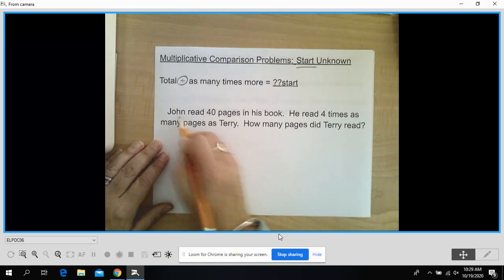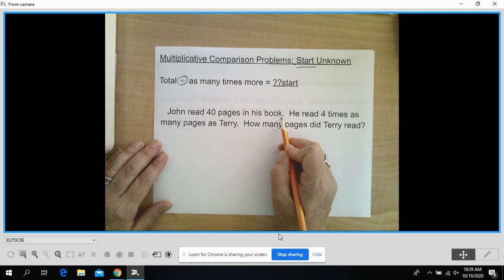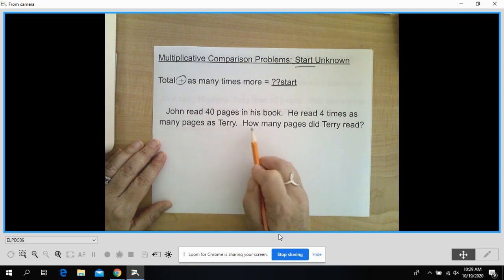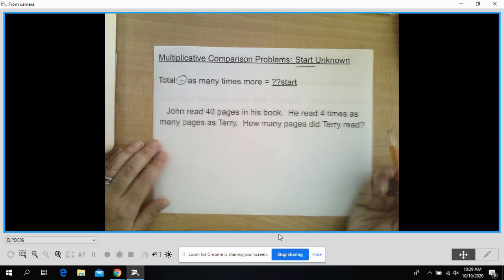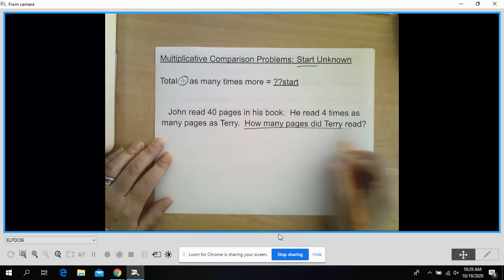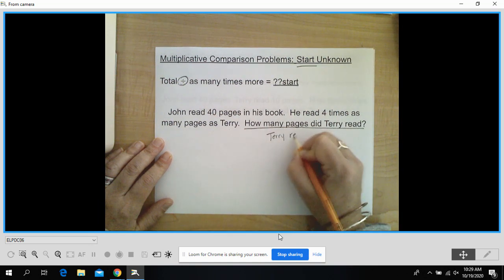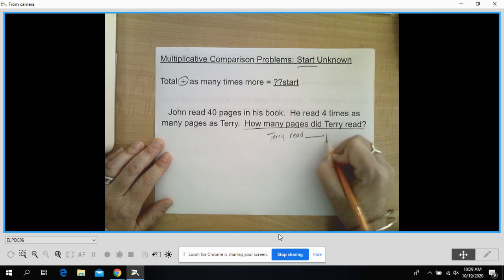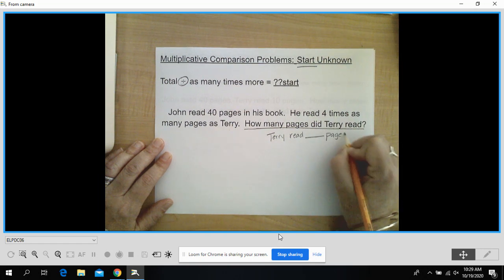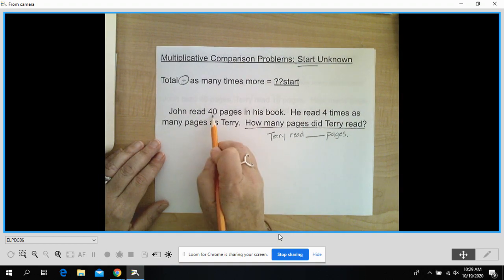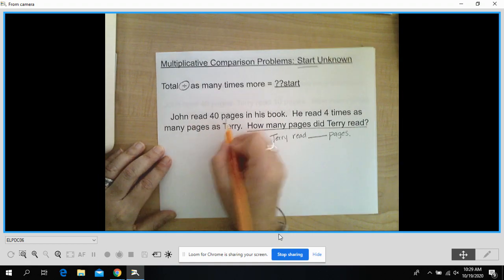So let's look. John read 40 pages in his book. He read 4 times as many pages as Terry. How many pages did Terry read? Well, here's my question. And I'm going to write, Terry read blank pages. That keeps me focused on my question. So let's start with what we have here, the total.